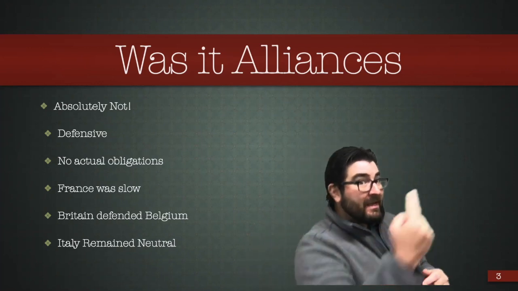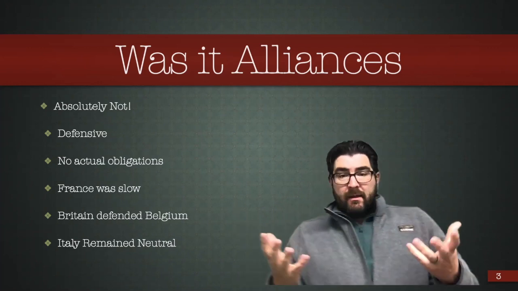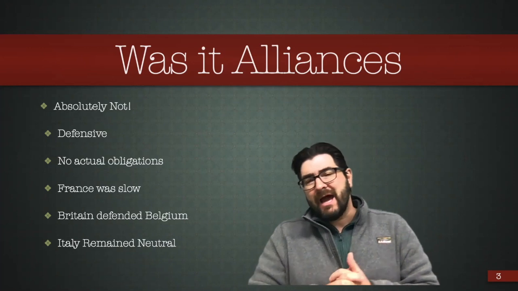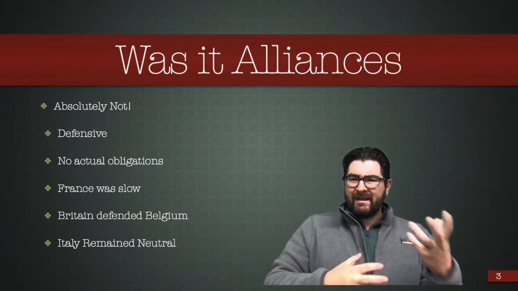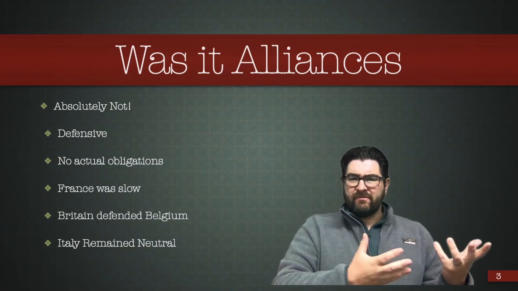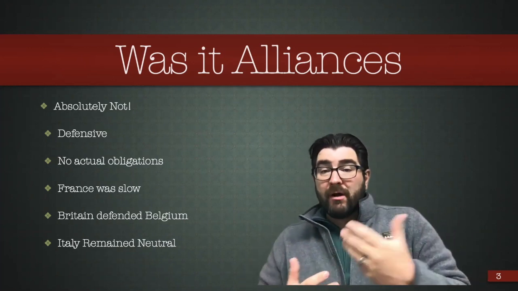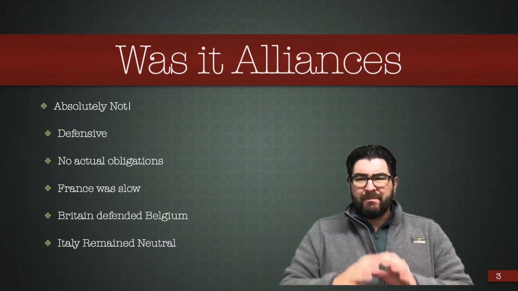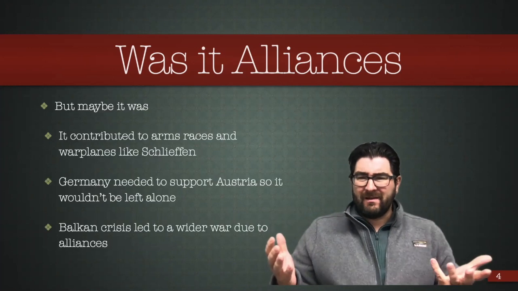And that was only after Germany entered into Belgium. Britain stood up to their treaty alliance from 1839 with Belgium, but not necessarily getting into the war because of what France was dealing with. And Italy, they were a member of the Triple Alliance with Germany and Austria-Hungary, but they chose to remain neutral. So maybe it wasn't alliances.